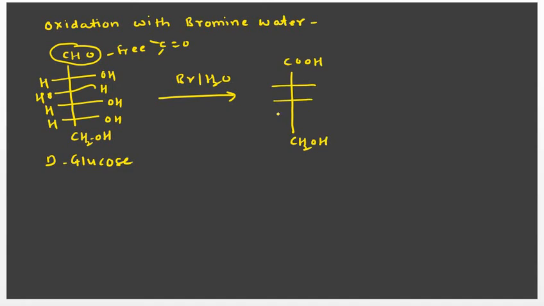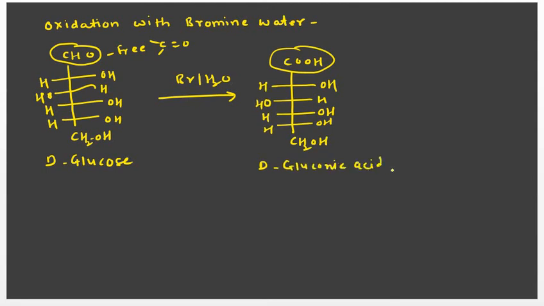There is no change. So H, OH, H and H. So this CHO group is only converted into this COOH group, and the name of this is D-gluconic acid.